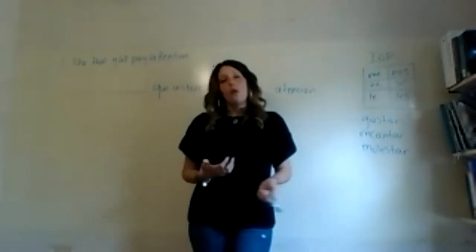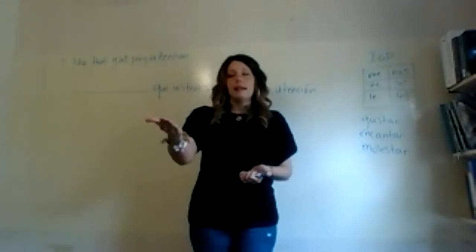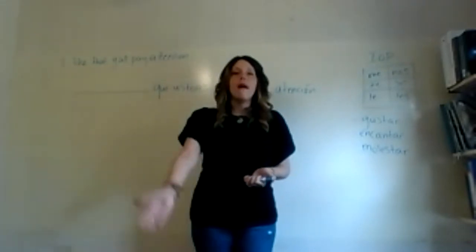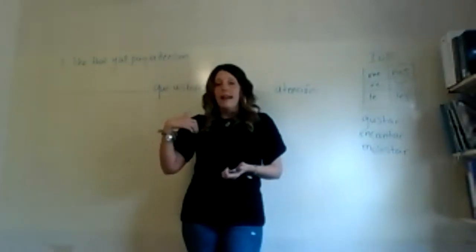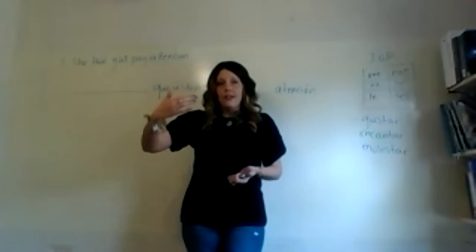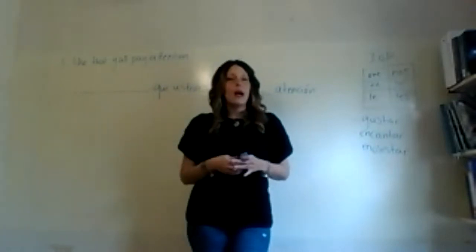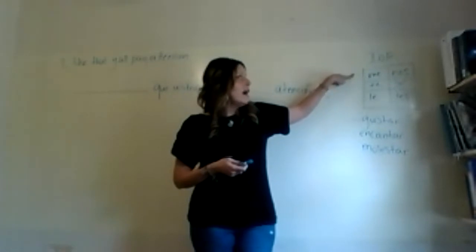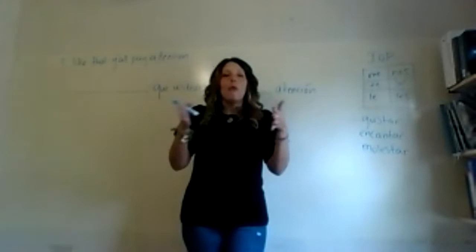So how do we know what is the appropriate IOP? It is essentially to whomever that thing is bothersome. If I'm bothered that you do something, to whom is that bothersome? To me. So I would choose me as my appropriate IOP and put me molesta.